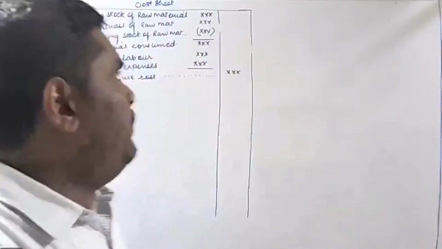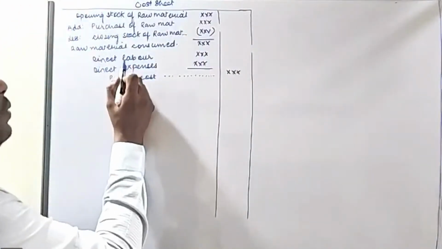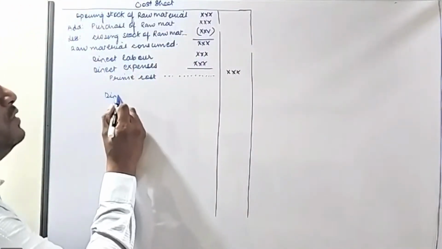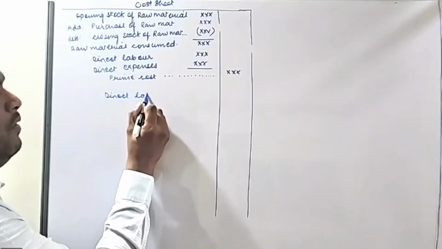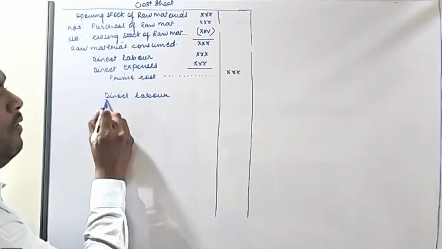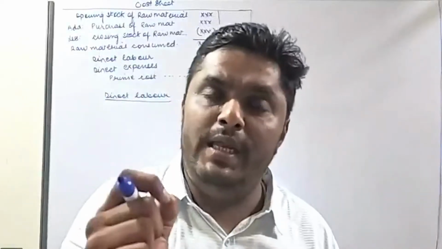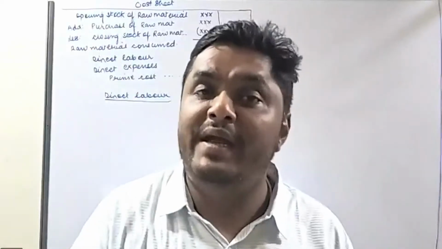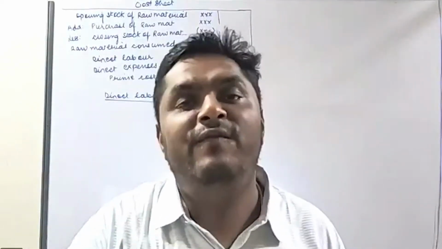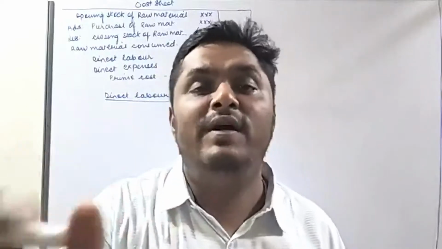Now, one more point, guys. When talking about direct labor, very important: apart from the wages paid, there are many other benefits or allowances that are given to the labor.